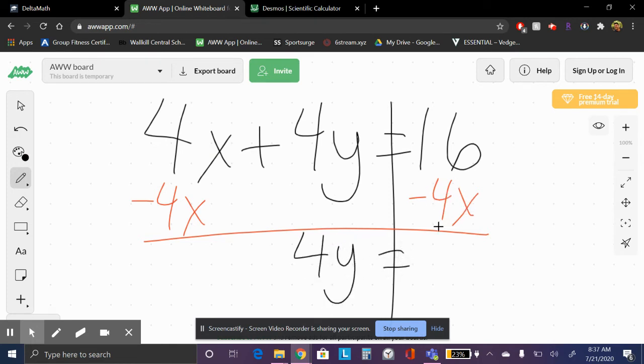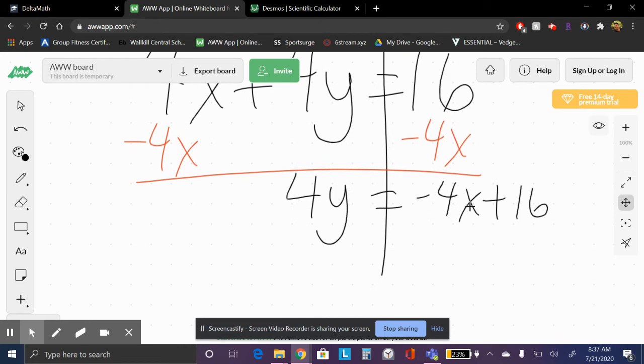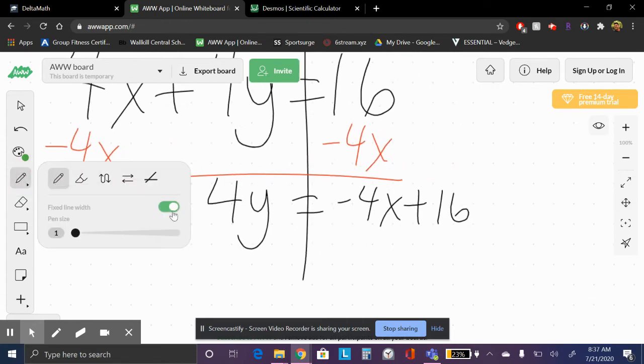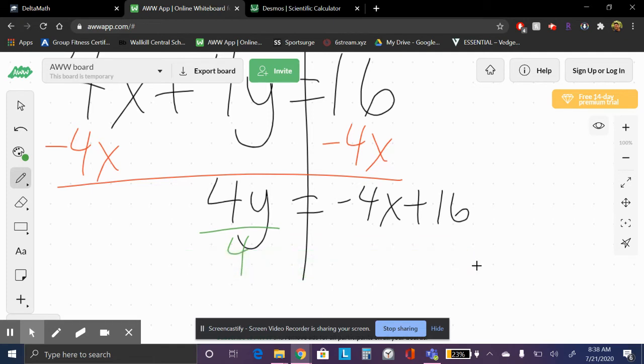And again, I'm going to write this one first, negative 4x plus 16. The y is still not by itself. So now, to get rid of this 4, I have to divide both sides by 4, everything by 4.